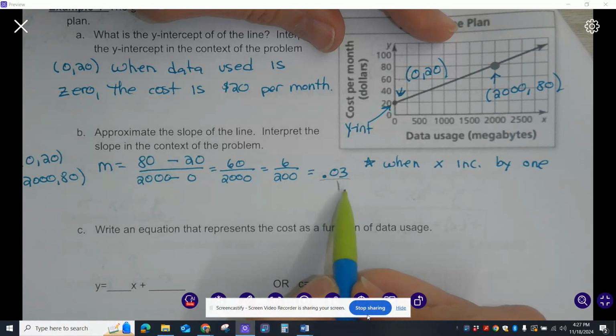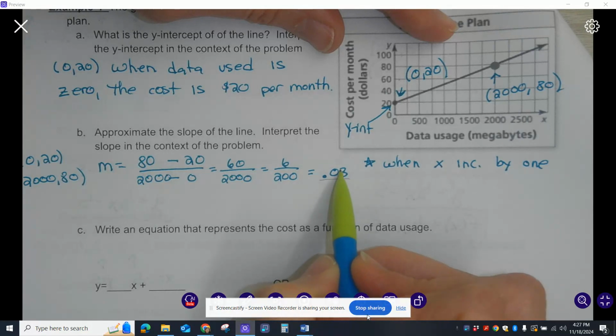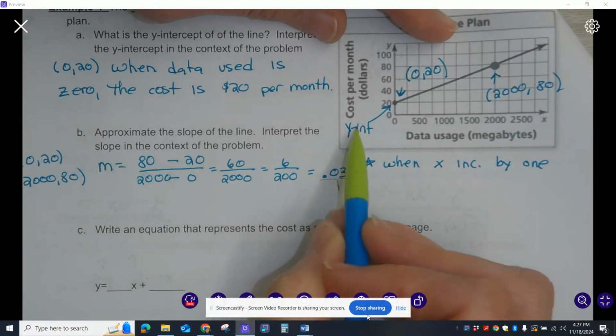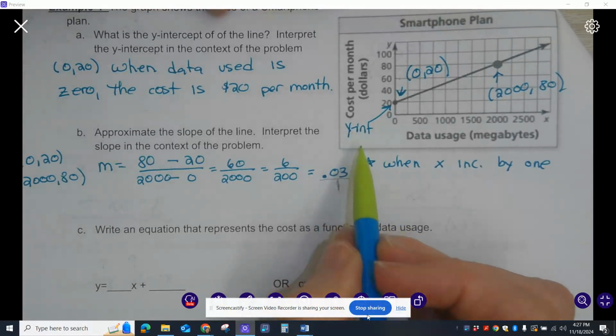Kind of like miles per hour is 1 hour. So when we talk about interpreting slope, we always want to say when our x increases by 1, our y, in this case, increases by $0.03 per month.